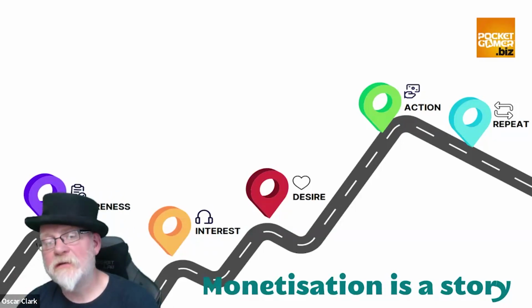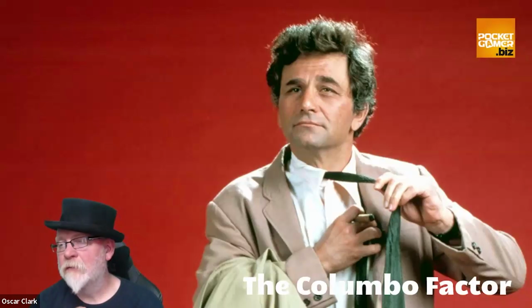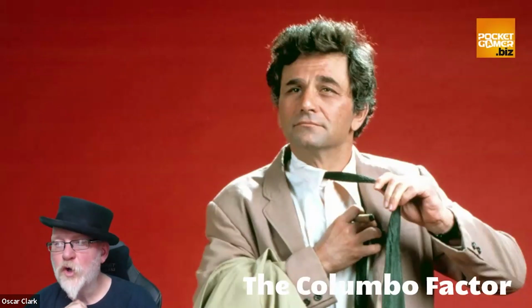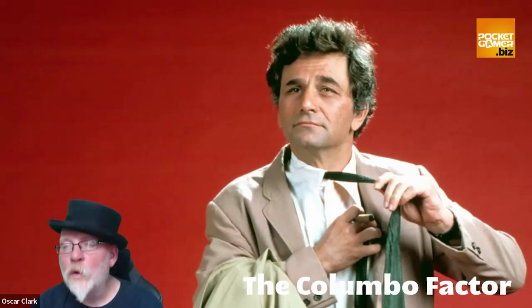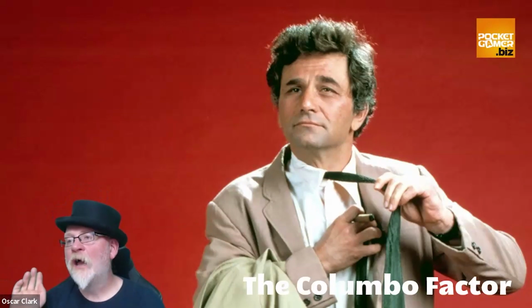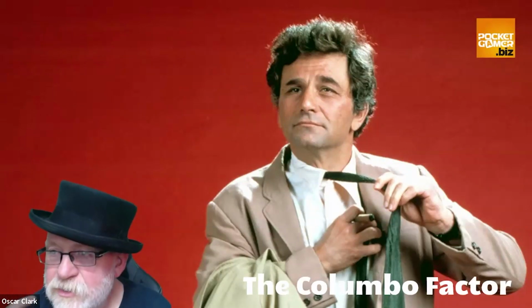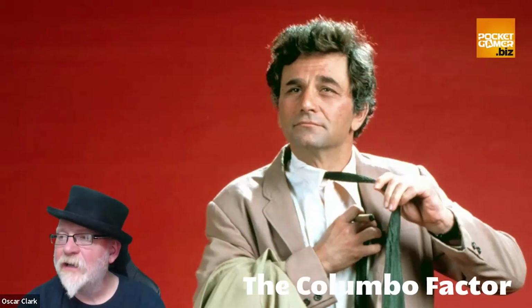I'm actually going to go a bit further, and I talk about Columbo a lot. Anyone who is well, my age will know what I'm talking about. Anyone younger than me probably doesn't have a clue. But Columbo was a classic 1970s detective show where it's not a whodunit, because you see at the beginning of the show who did it.